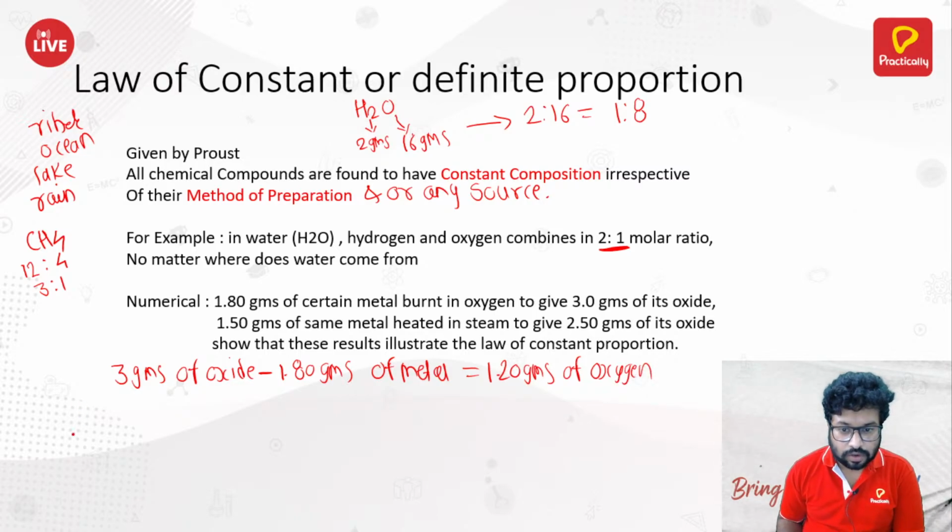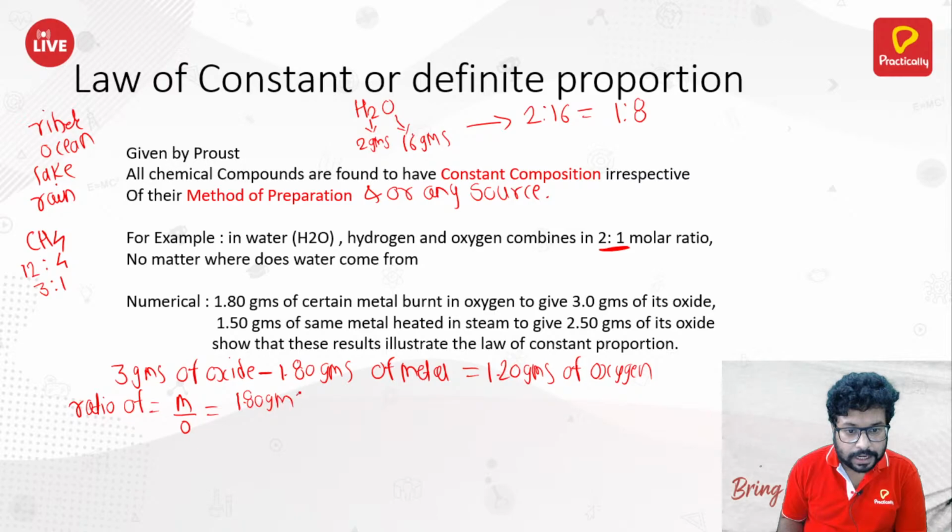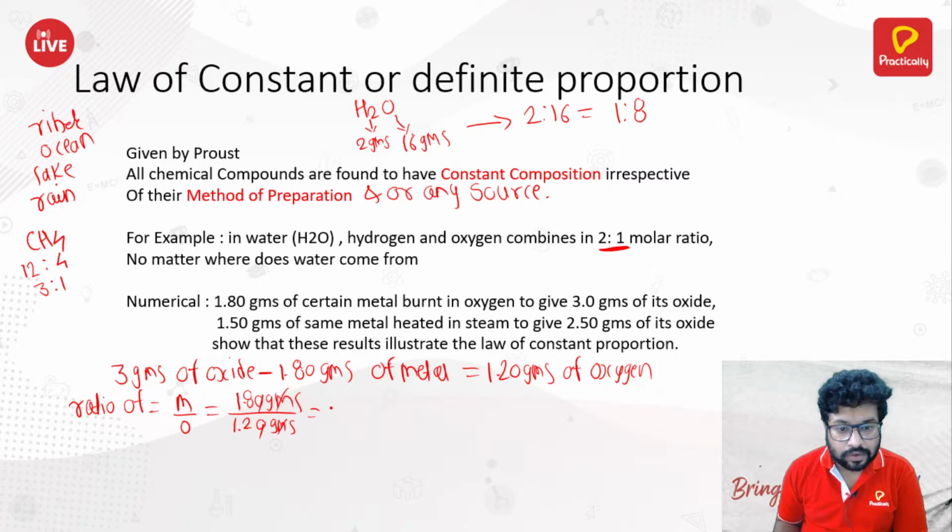So if you take the ratio of metal to oxygen, you will have 1.80 grams of metal to 1.20 grams of oxygen. Grams cancel. You get 1.8 divided by 1.2, which is equal to 1.5:1. The ratio between metal and oxygen is 1.5:1, right? That is the ratio you have here.